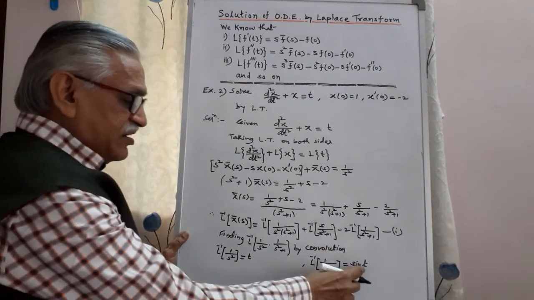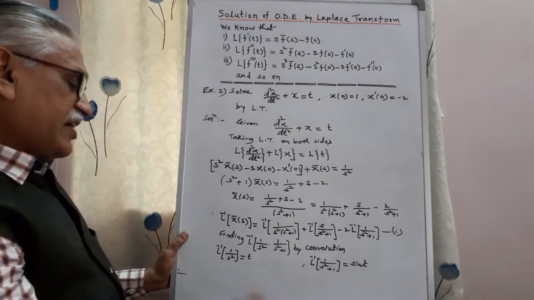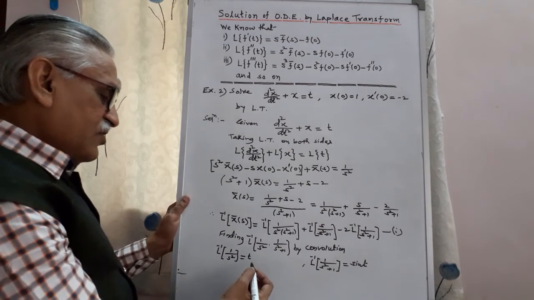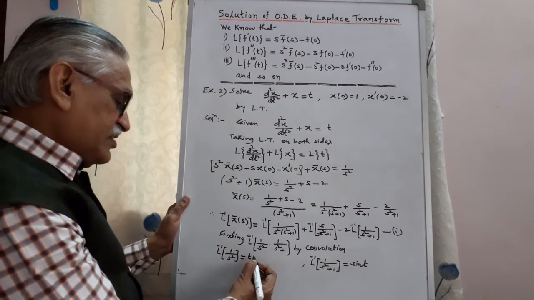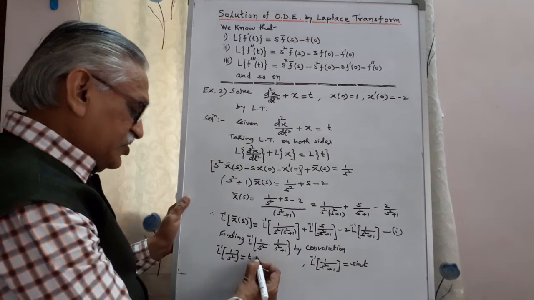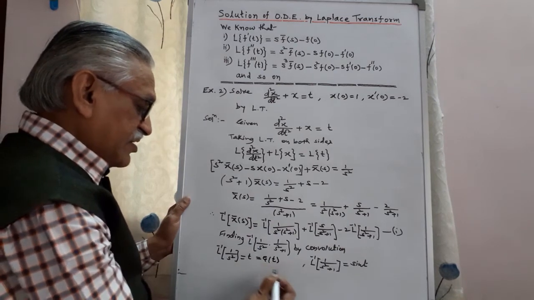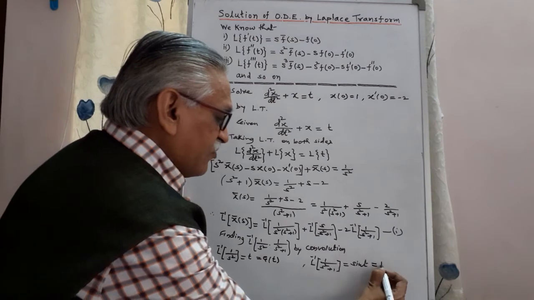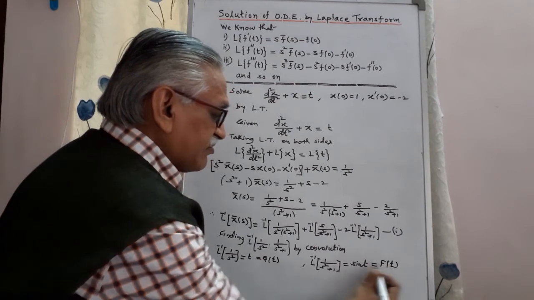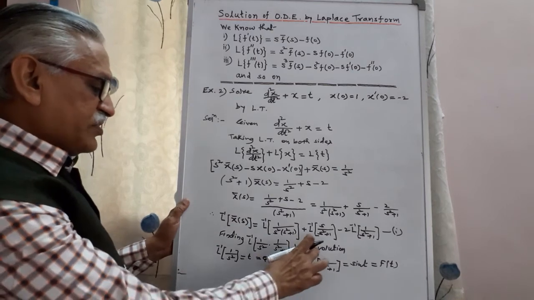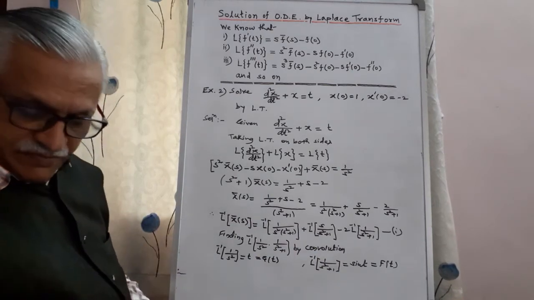One term of t, one term of sin t, therefore any one we can consider. I will consider this as g of t and this as f of t. Then finding by convolution we get.